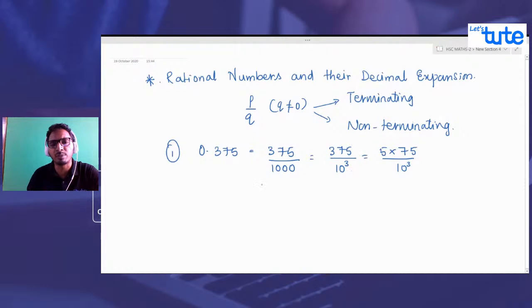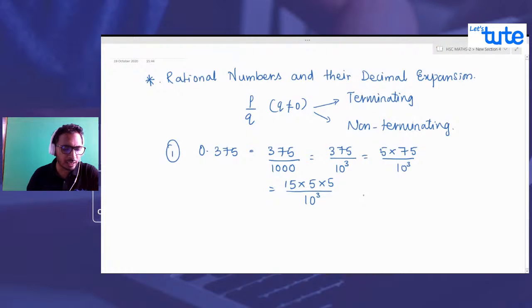This can still be simplified further. 75 is 5 into 15, so 5 multiplied by 5 multiplied by 15, upon 10 cubed.